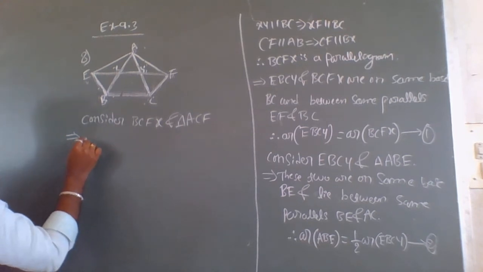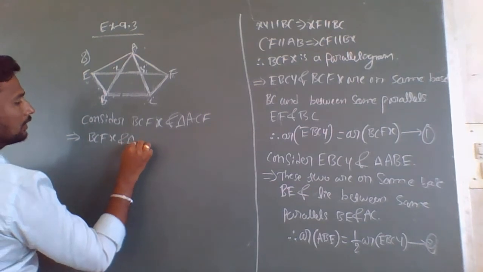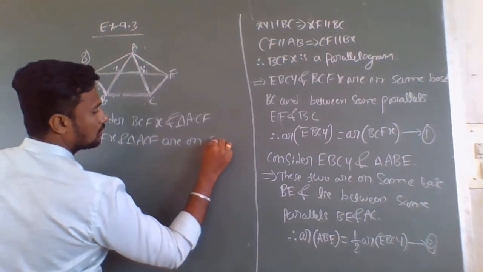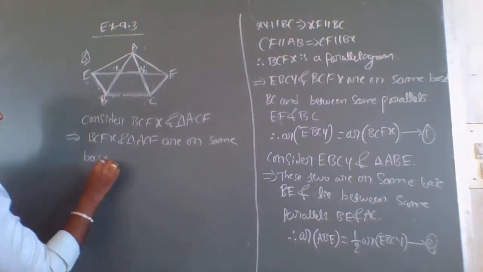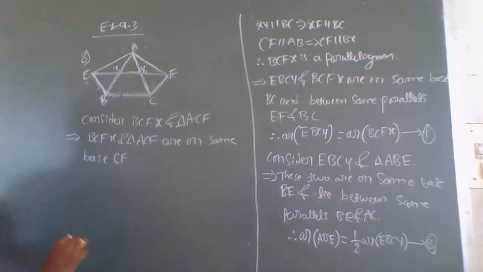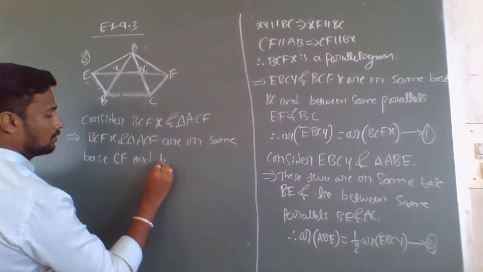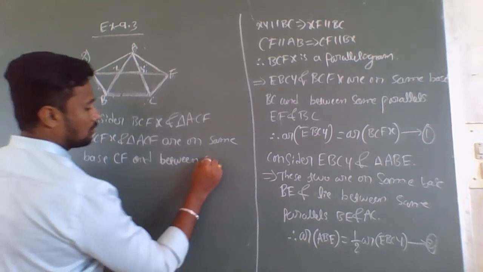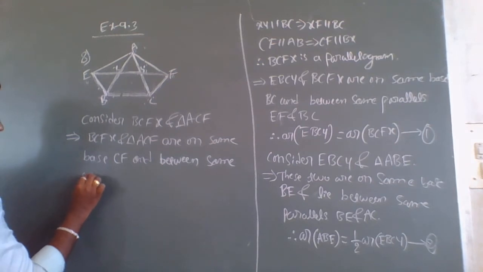So here I will write, this parallelogram BCFX and triangle ACF are on the same base CF and between the same parallels.